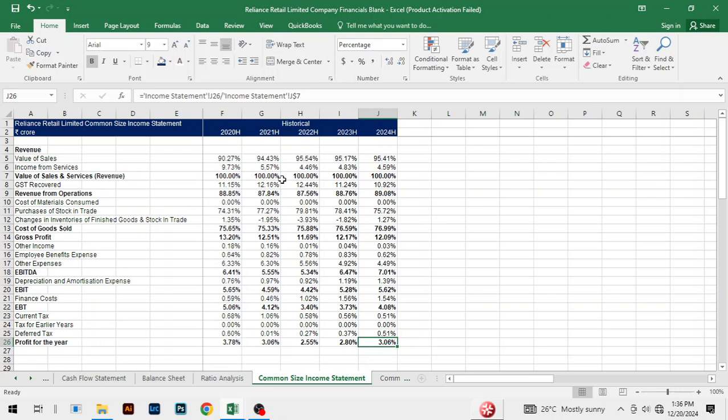It deteriorated in 2021. It also declined in 2022. Slightly jumped a bit in 2023 to 2.8, and then also jumped to 3.06.